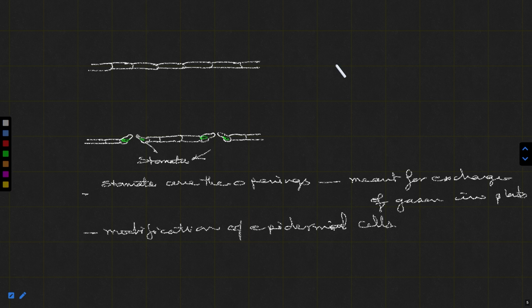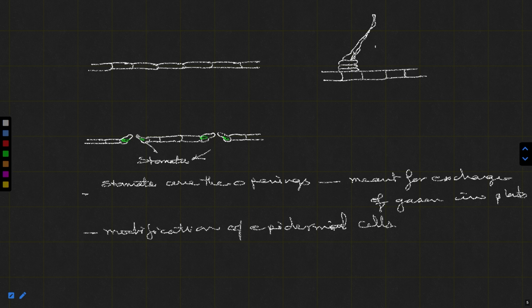And at some places you can see a hair-like structure. Again, I'm drawing the epidermis. Okay, so you can see some hair-like structures like this. These are what?